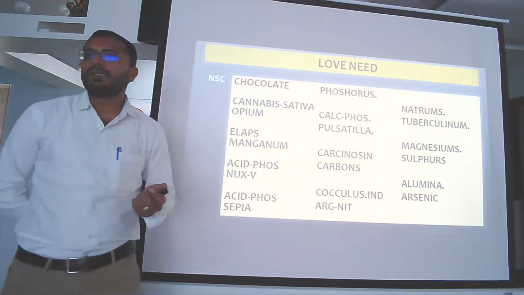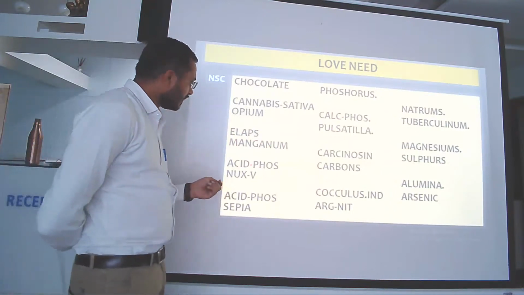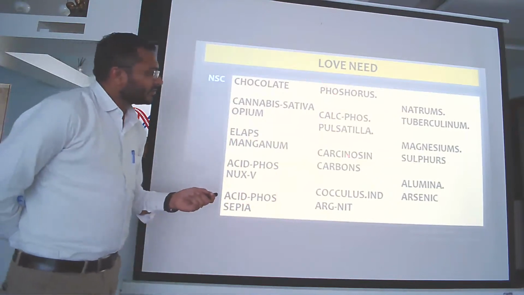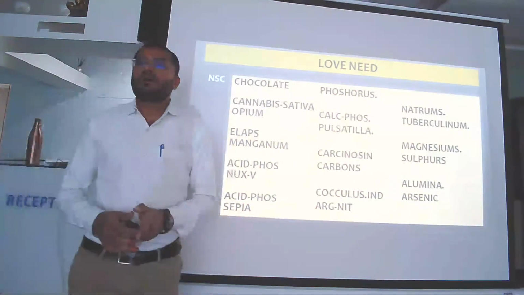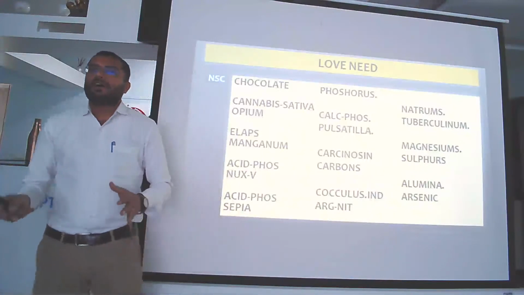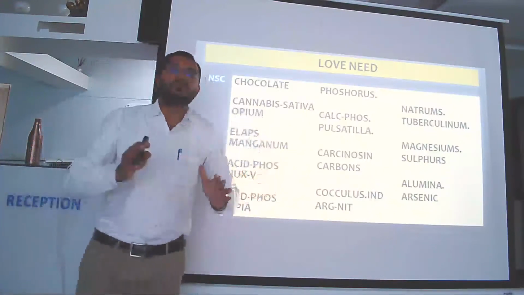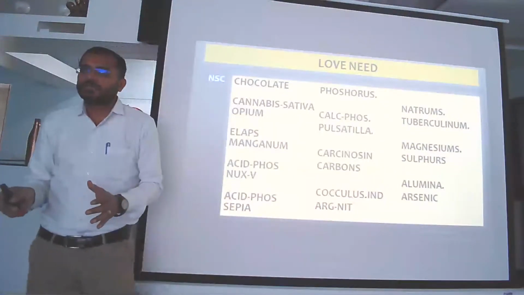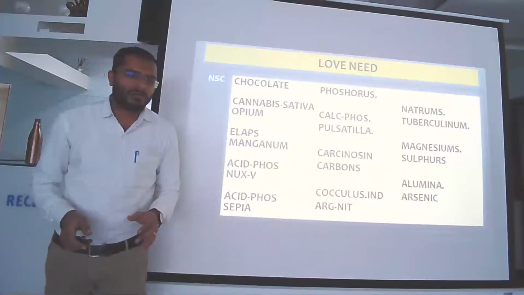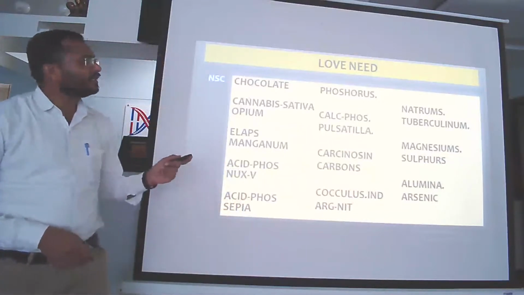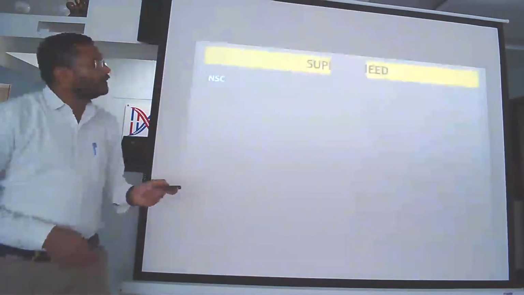Manganum is also like love, like Sepia, Acid phos, Nux vomica, Sepia, Phosphorus, all the phosphorus. Because what was the phosphorus need? Affectionate, wants reaction, affection. This is the basic need of phosphorus. So phosphorus needs love. Carbons, Carcinosin, Sulphur, Alumina, these are the love needs.